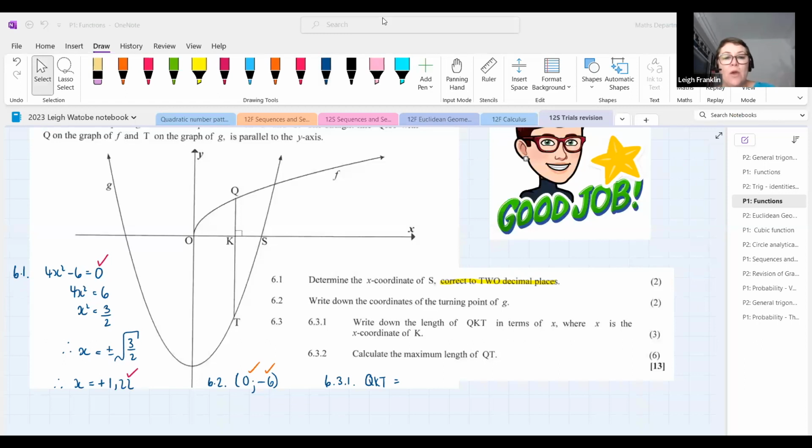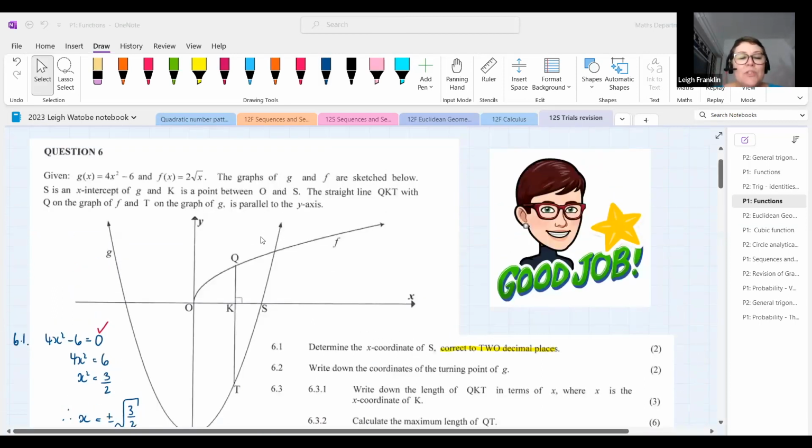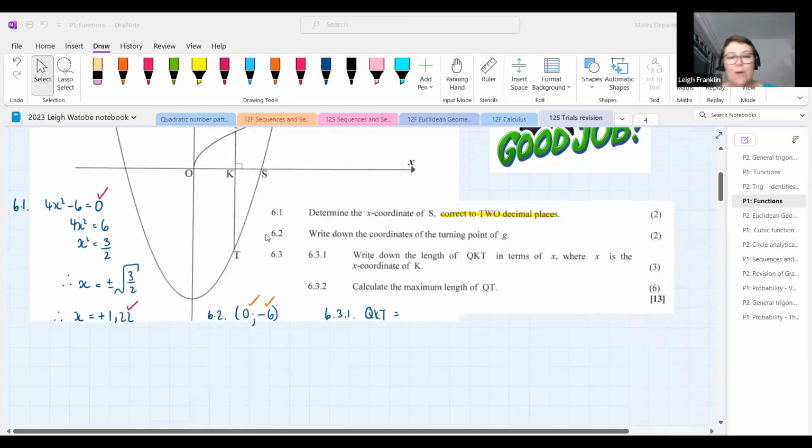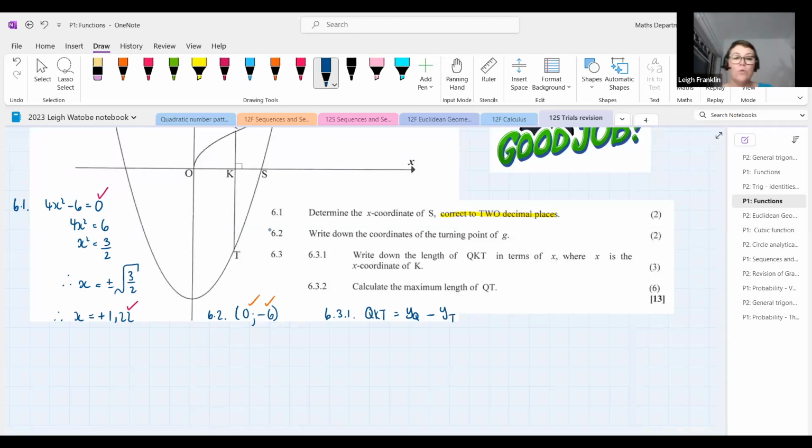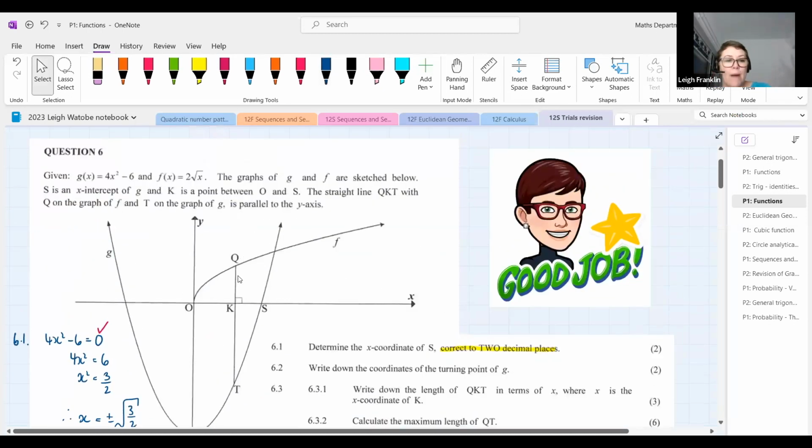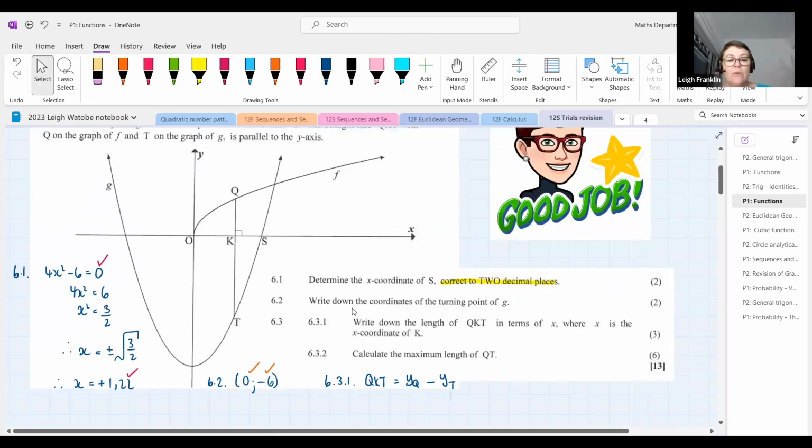Therefore, the length will be y of q minus y of t. Okay, so what you mean there is, I understand what you're saying. Okay, so it's the y at q minus the y at t. Good. All right, so the y coordinate at q minus the y coordinate at t. That will give us the length of the vertical line.